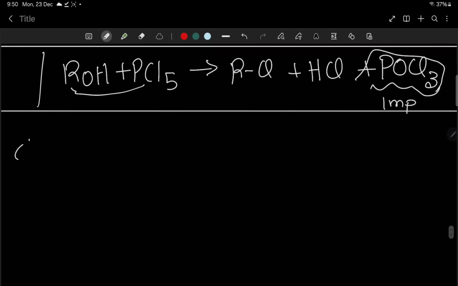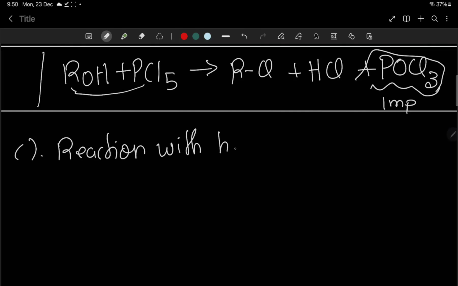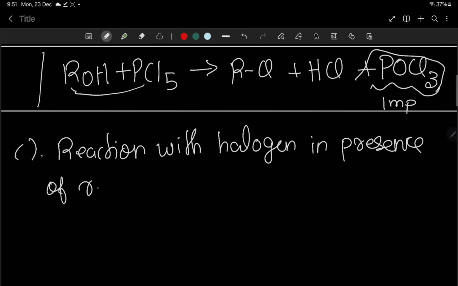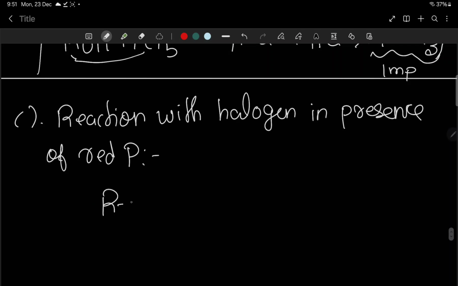Now another reaction with the halogen in presence of red phosphorus. You can just learn this reaction: ROH plus red phosphorus and halogen.